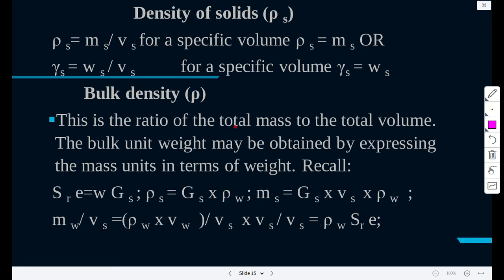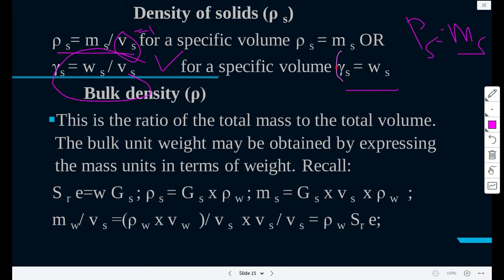So the density of this is true. Density is mass over volume. But we have said that this is 1. So therefore, the density is the same as the mass. So the same thing we are saying here.